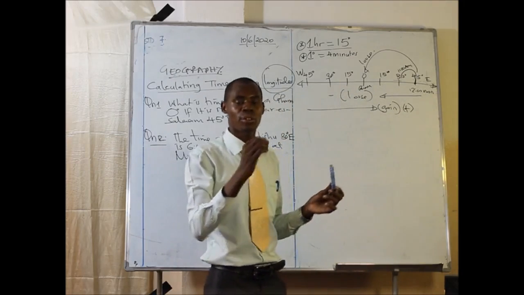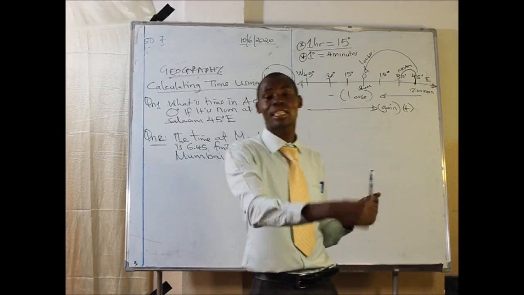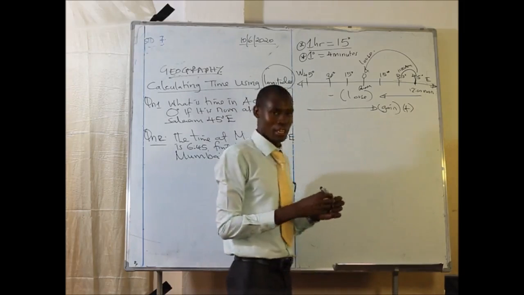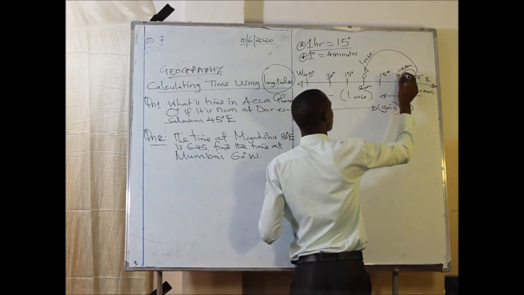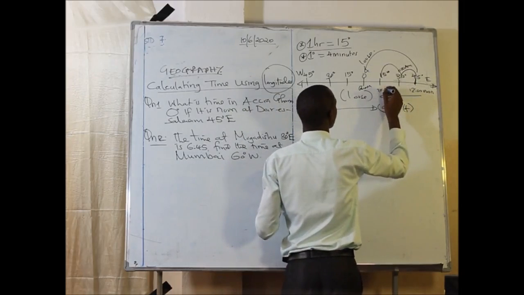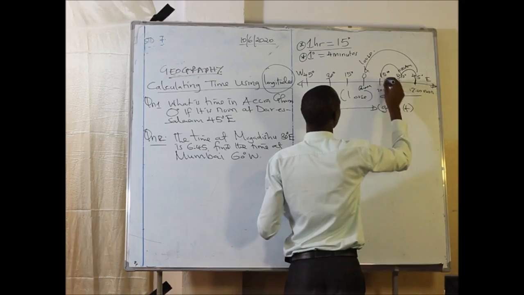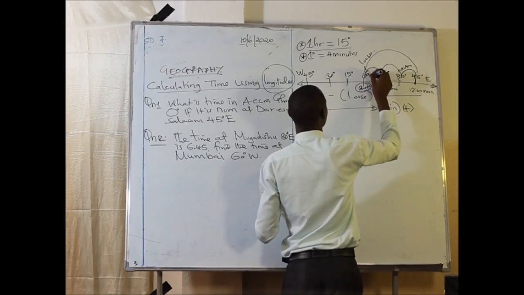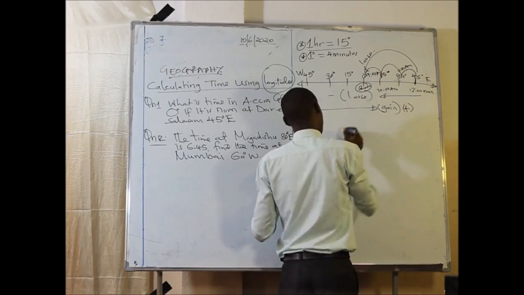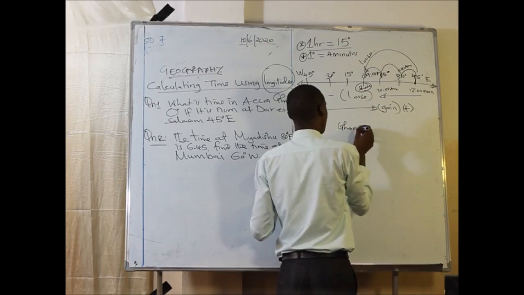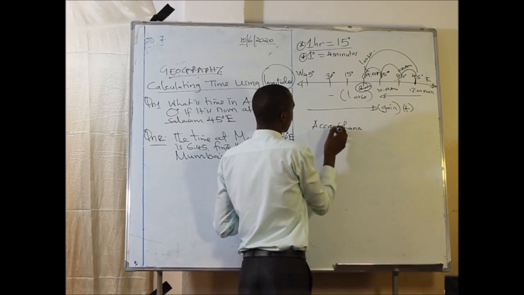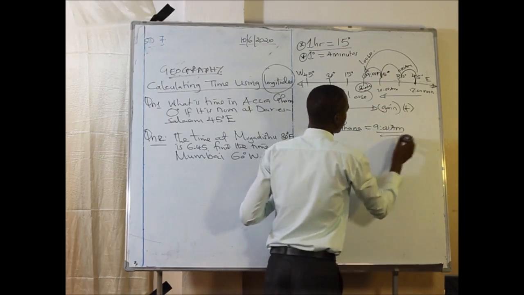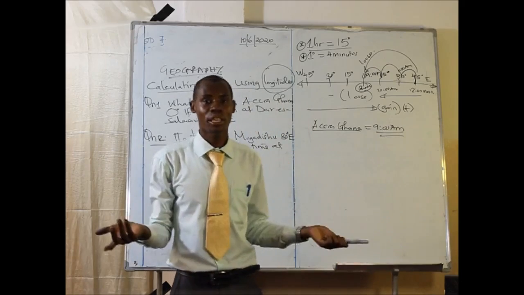From 12:00 noon, you come back to 11 a.m. From 11 a.m. we go to 10:00 a.m. From 10 a.m. we get to Accra, Ghana, which is 9:00 a.m. So the time at Accra, Ghana will be 9:00 a.m. That is final. That's how we can find time.